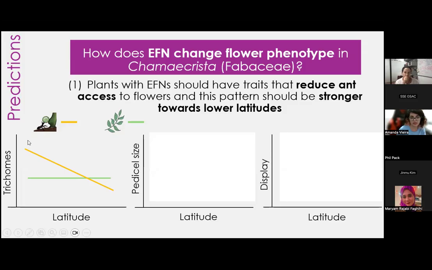So plants in lower latitudes might have more trichomes than plants in higher latitudes. The same for petal cell size: plants might have larger petal cells than plants in higher latitudes. And the same for display: the plants should have more flowers in lower latitudes than in higher latitudes.